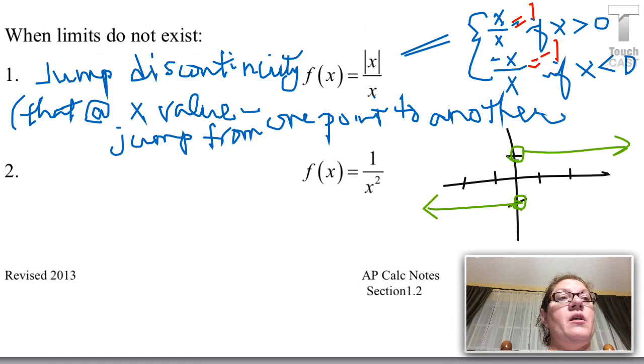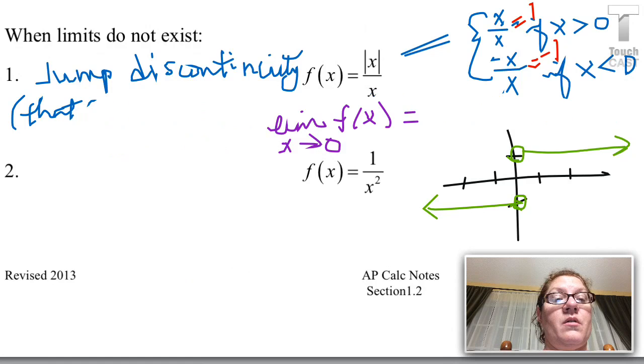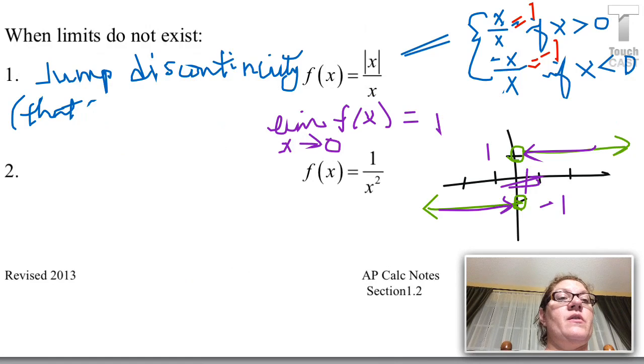Now, I suppose technically I could put in even an equal to on either one of these points, dependent upon which one I decide to choose, and then one of those bubbles would be filled in. But here's what happens. If I look at the limit as x approaches 0, I would swoop in from the left towards x equals 0, and that would be a -1 value, and I'd swoop in from the right, and that would be a +1 value. So they're not equal, so the limit does not exist.